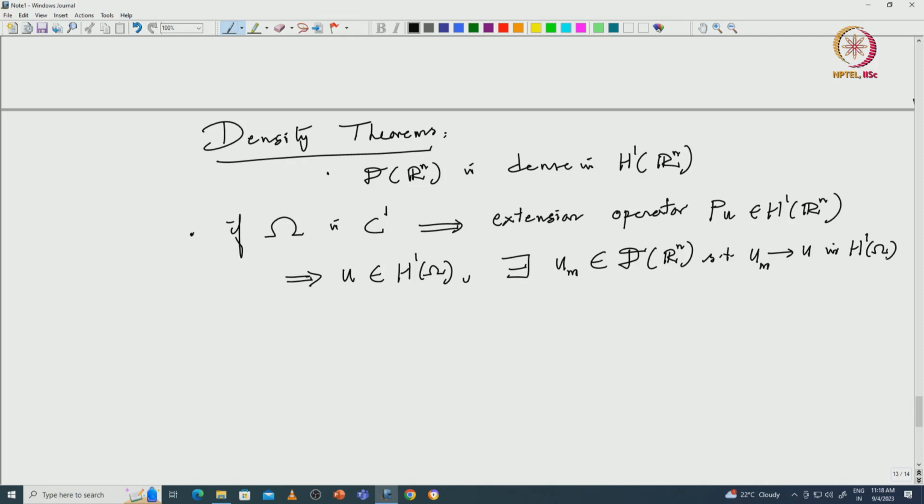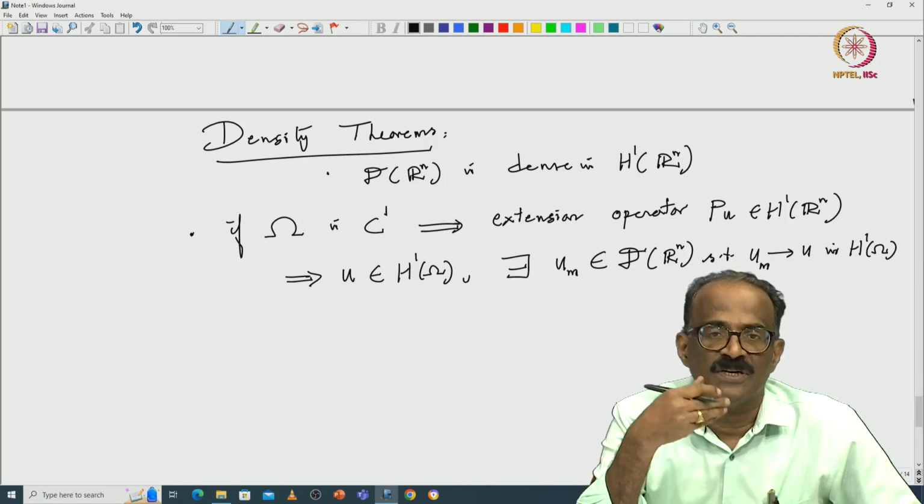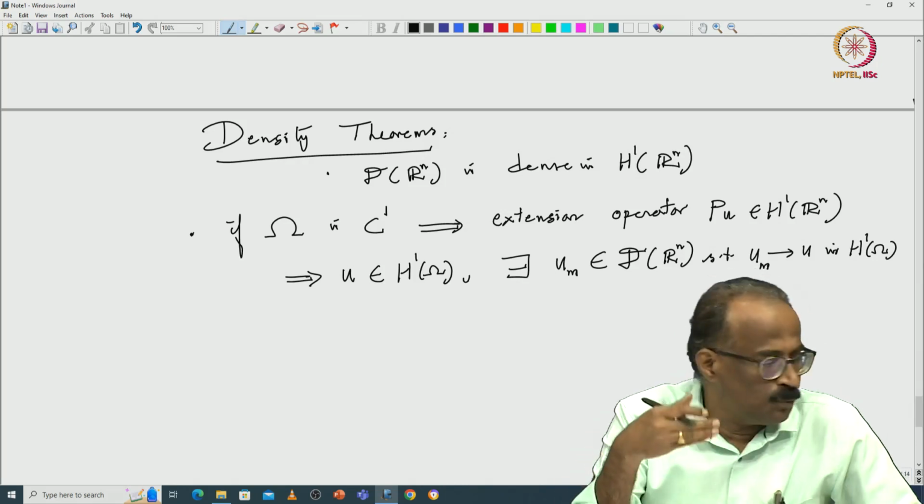So, you can still approximate your functions via smooth functions.